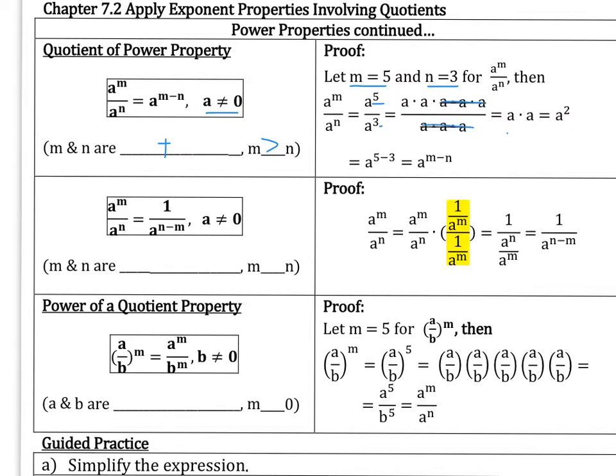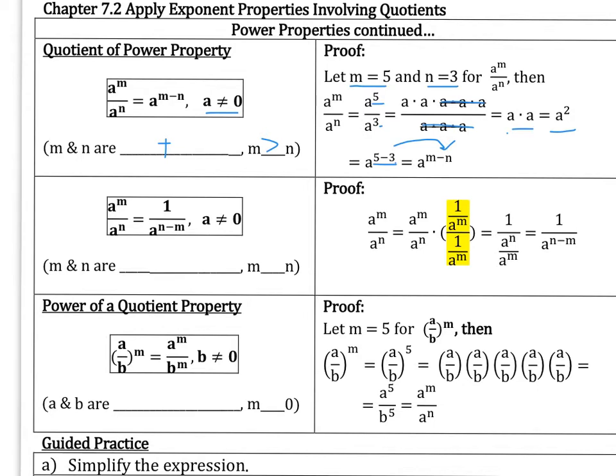So I will be left with a times a, which is a squared. And a squared is just a to the 5 minus 3, which corresponds to m minus n.